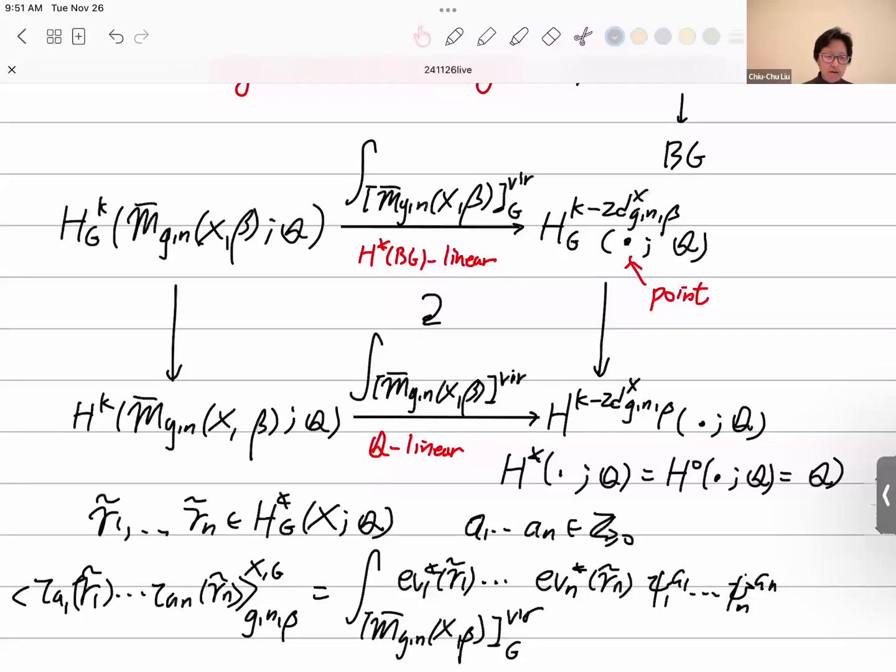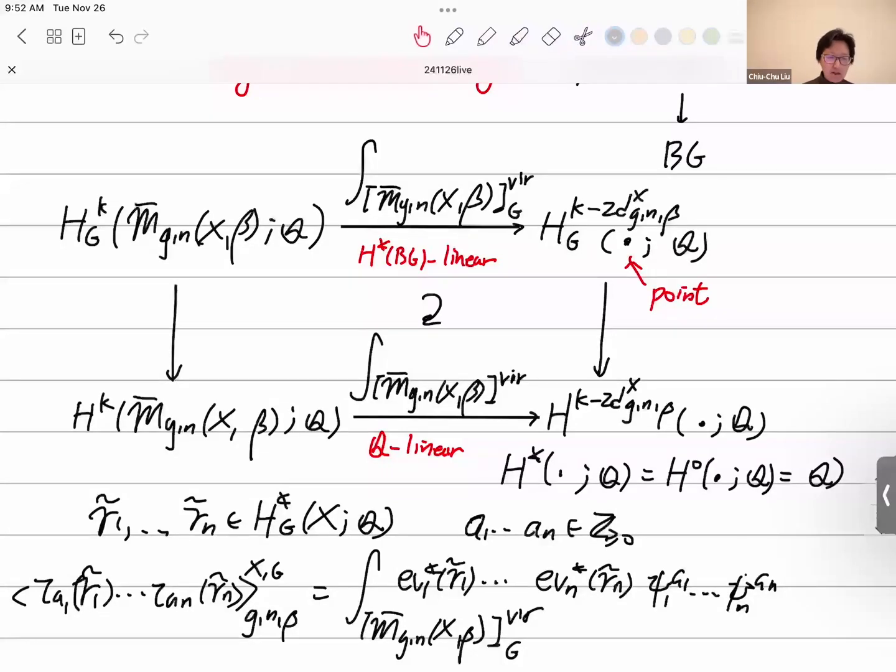Recall that last time we have a virtual fundamental class and we have the virtual tangent bundle. It turns out that the G action can be lifted to this virtual tangent bundle on the moduli space.